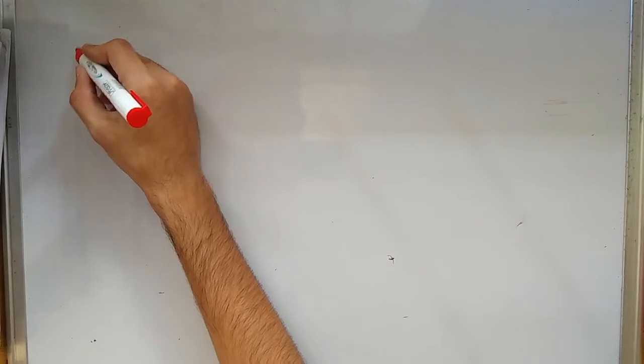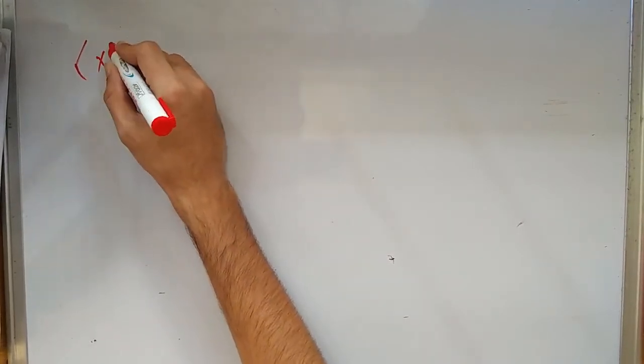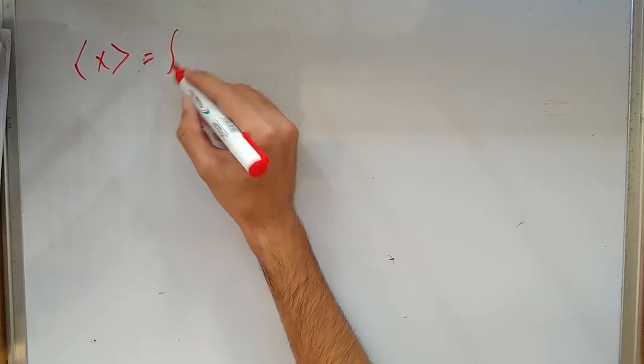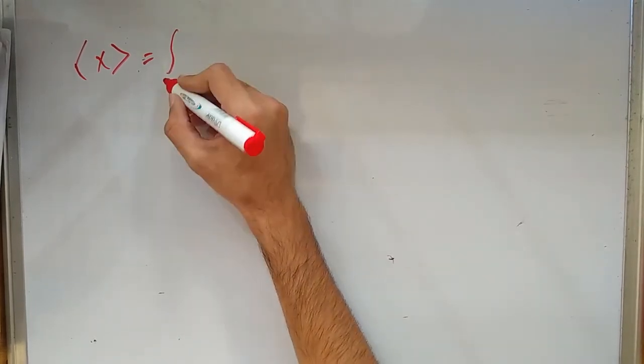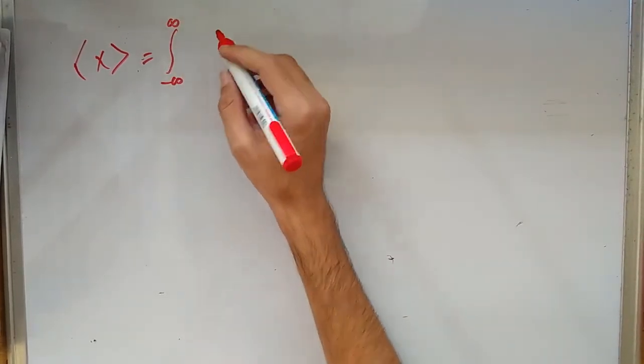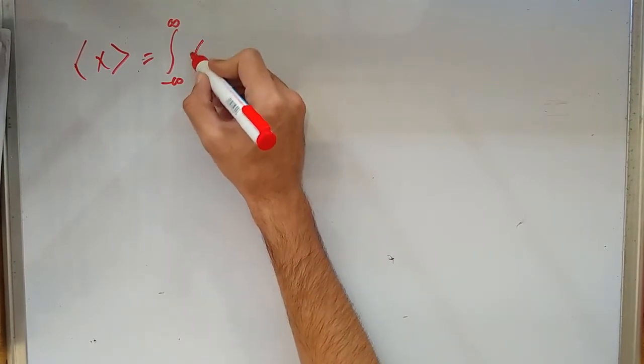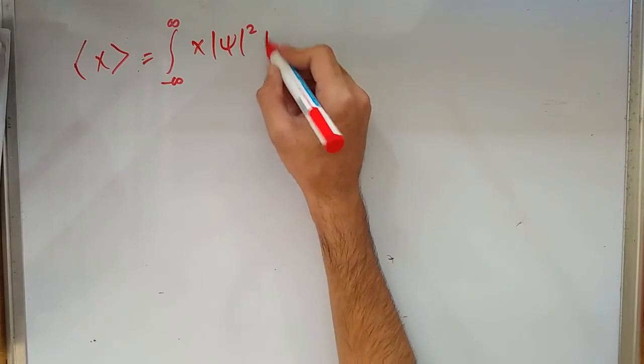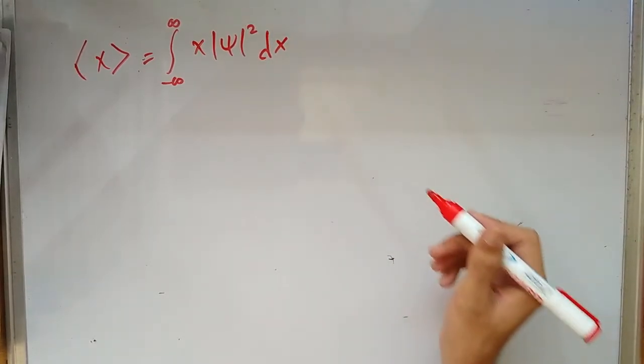To find that particle's expectation value that I discussed in earlier videos, we need to follow these conditions. The definition of expectation value is simply to integrate the function x into mod of psi square dx from minus infinity to infinity.